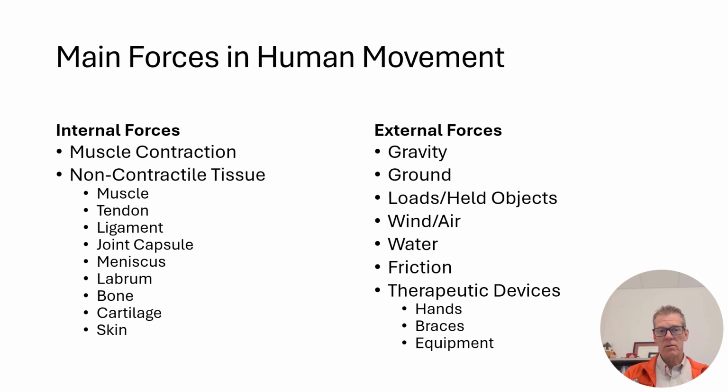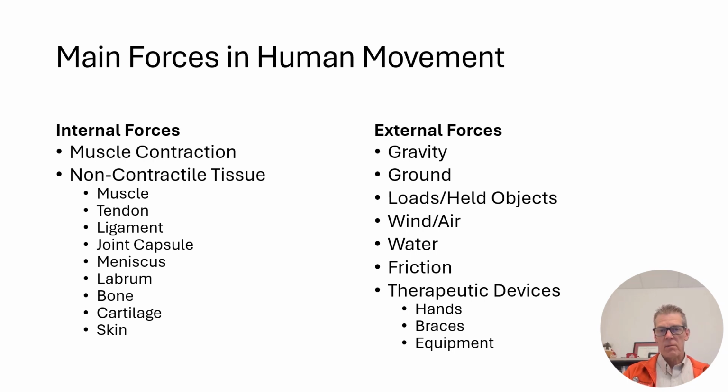I put muscle again because muscle also has a non-contractile element to it. If we stretch a muscle passively, it starts to load, it starts to gain tension, and stress increases, deformation starts to increase. So I put that in the list as well, but you can see there's a long list of internal and even external with skin that can provide forces on the body.